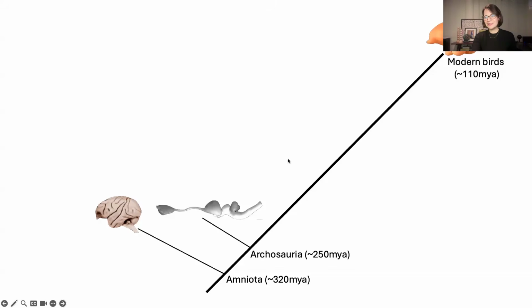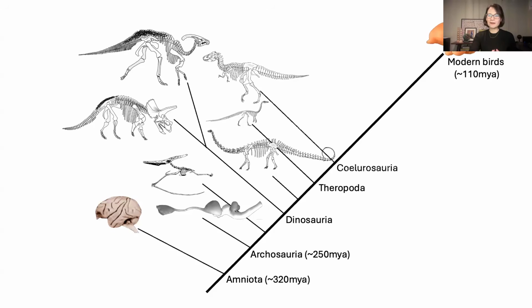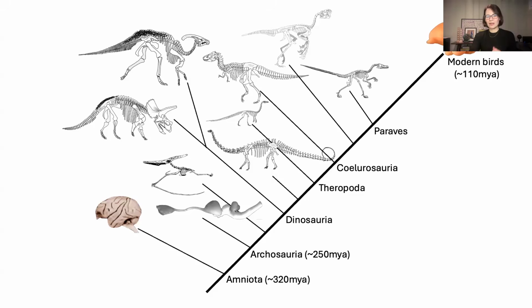And so within this space here, where I said that the modern bird brain takes shape, this is where all of these things like the pterosaurs and all of the non-avian dinosaurs fall. So things like the ornithischians like Triceratops, theropods like T. rex, even much more Velociraptor there, and even much more bird-like things like Archaeopteryx.